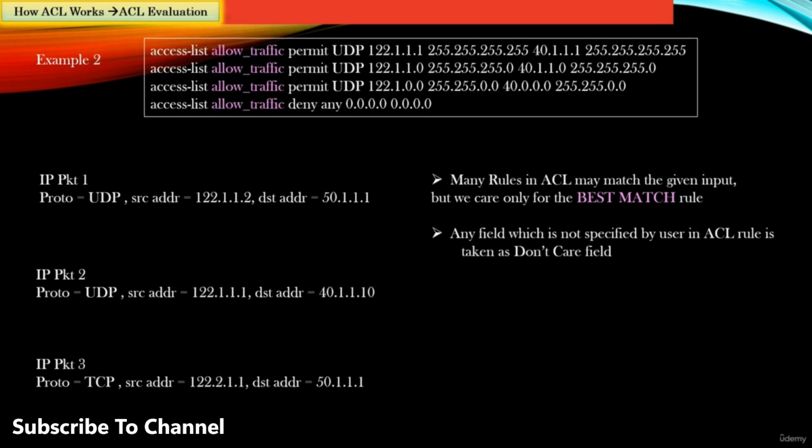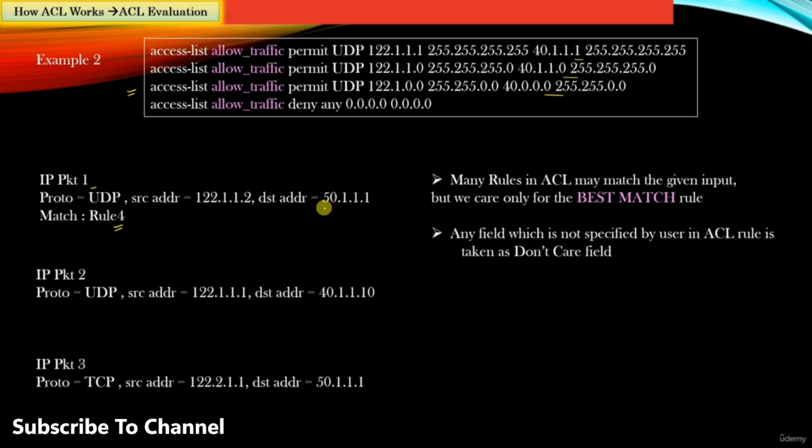And guys, let us discuss another example. So we have an access control list here which contains 4 ACL rules. Now in these ACL rules, I have also added the destination IP address and mask as another field for filtering. Now suppose IP packet number 1 comes. The rule that matches as per the longest prefix match is rule number 4.